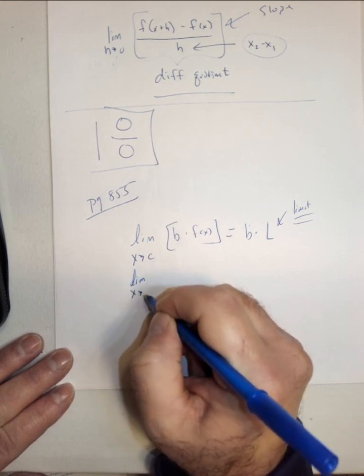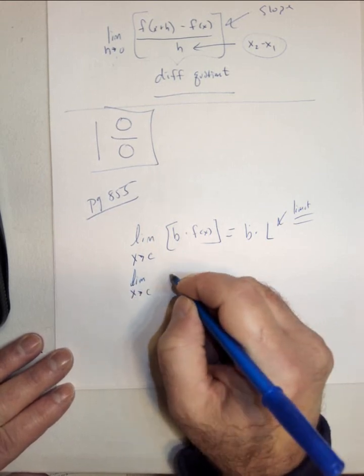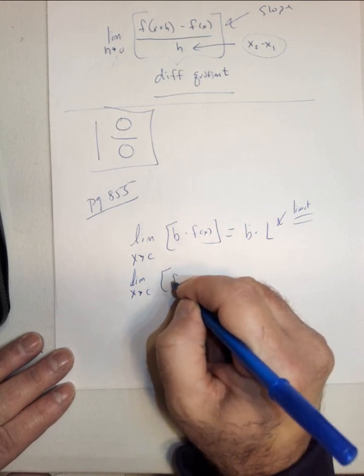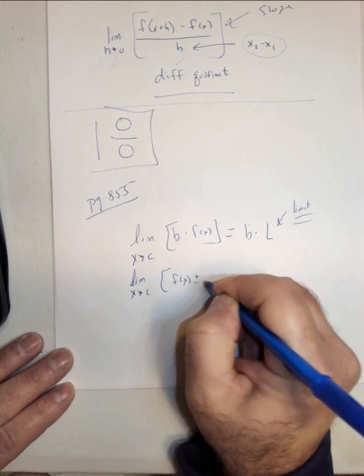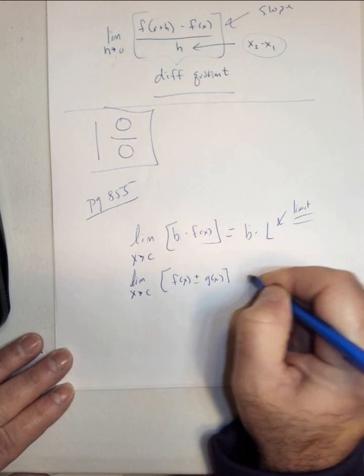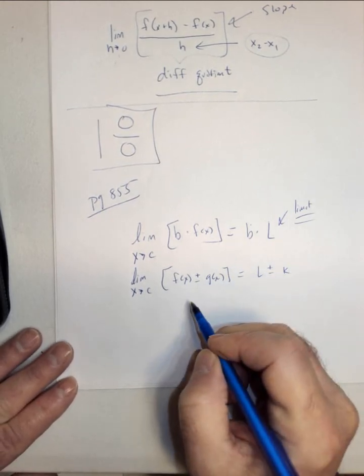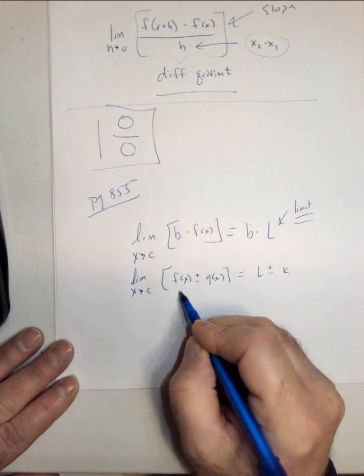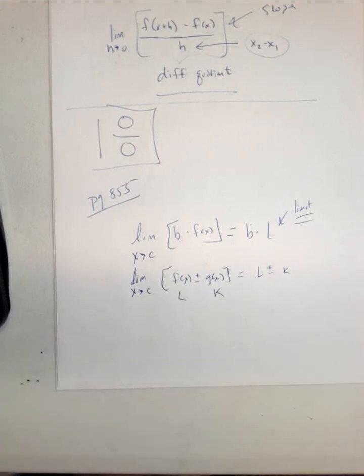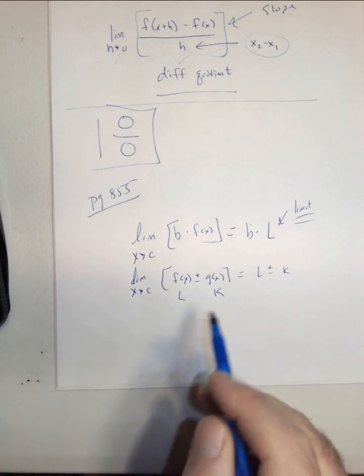The limit as x approaches c, if we have a sum or difference. So f of x plus or minus g of x is equal to L plus or minus k. So in other words, if the limit of f is L and the limit of g is k, then we can do this separately.